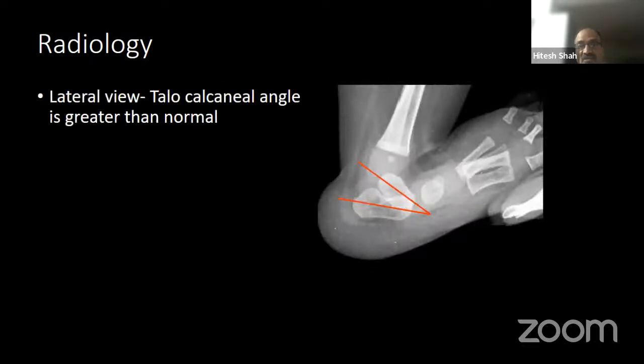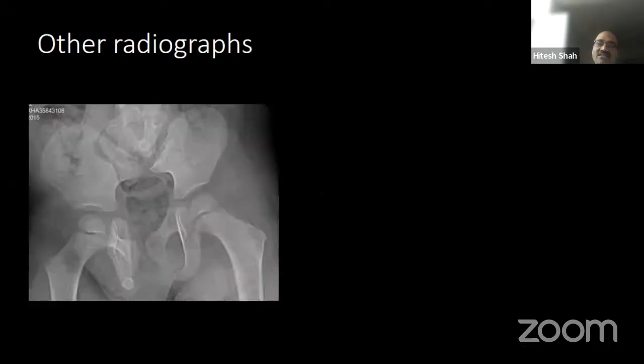Similarly, somebody mentioned a talocalcaneal angle more than normal, that will indicate hind foot valgus. But the most important is the talus and first metatarsal axis in the plantar flexion lateral view. Remember, this is a very common DNB question and DNB OSCE also. The talo-first metatarsal X-ray.